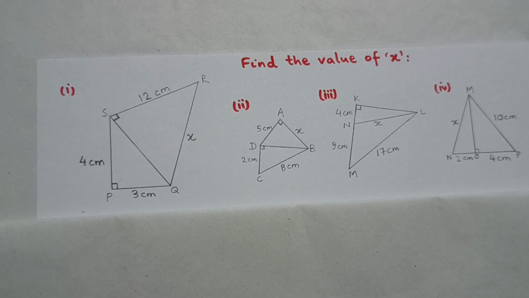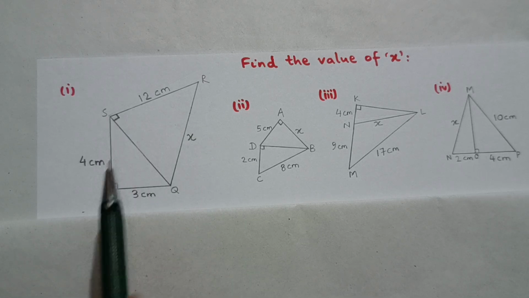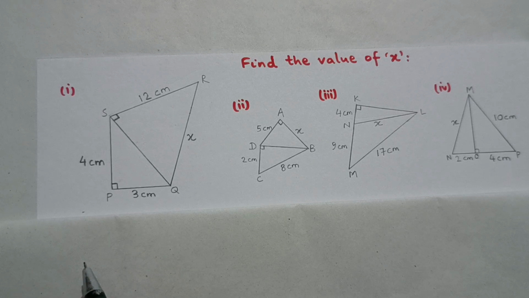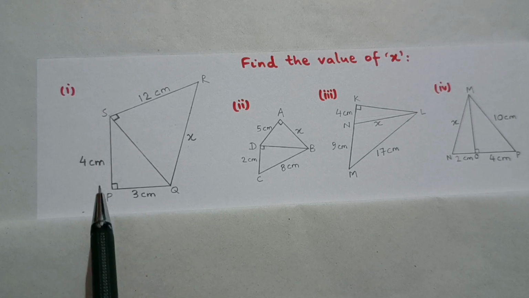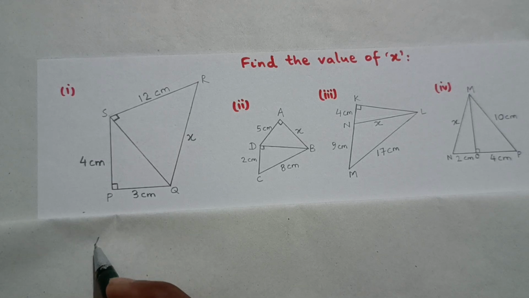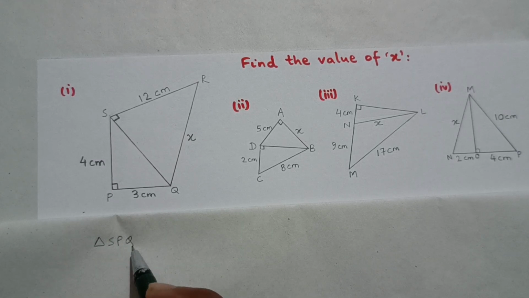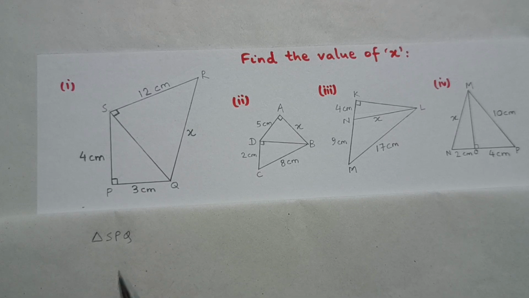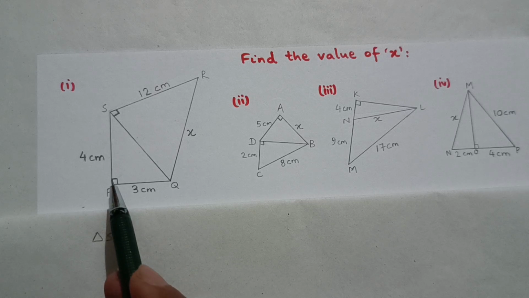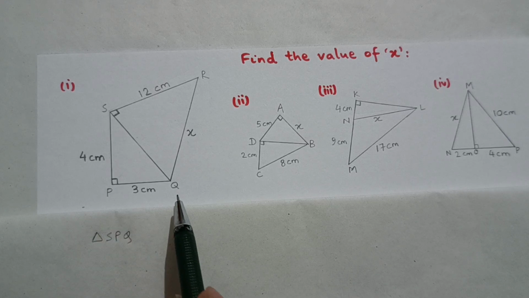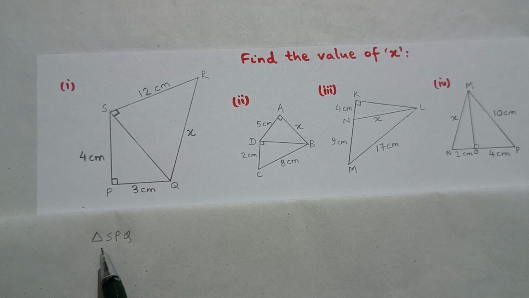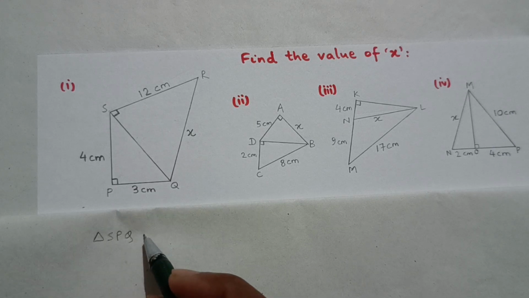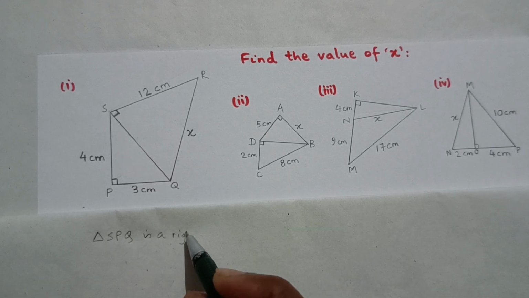So how to proceed with this question? We can see that in this diagram there are two triangles. One of the triangles is triangle SPQ. Triangle SPQ is a right angled triangle because here the angle SPQ is 90 degrees.